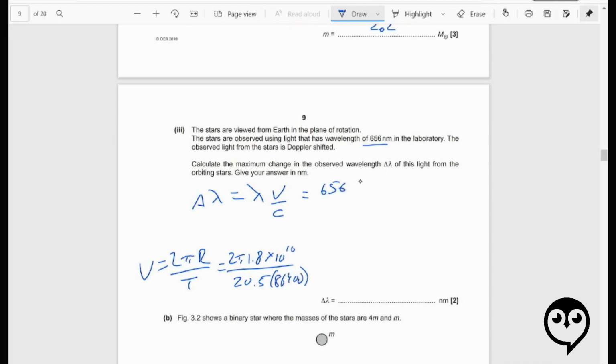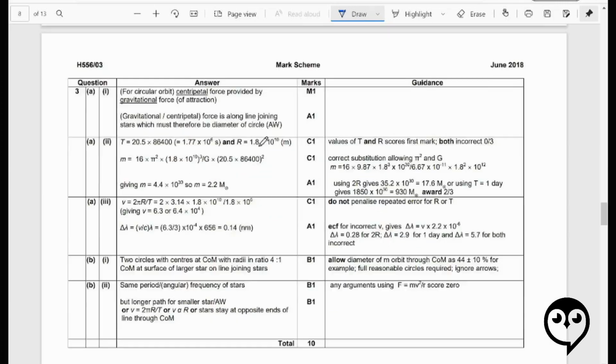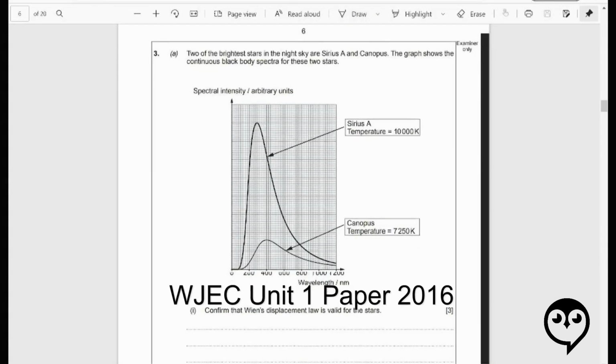So I got a velocity of 63,853, well, I'm guessing meters per second. My shift is 0.14 nanometers, I believe. Let's check how we're doing so far. 0.14. Okay.